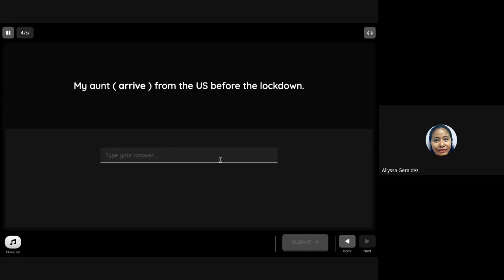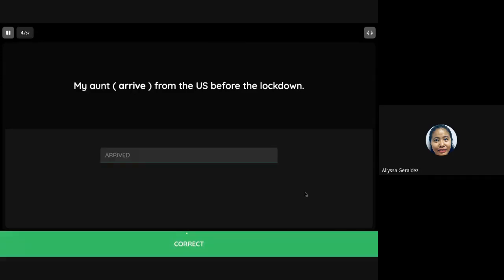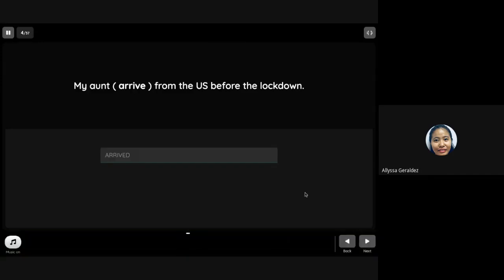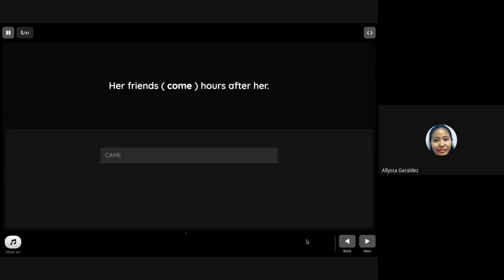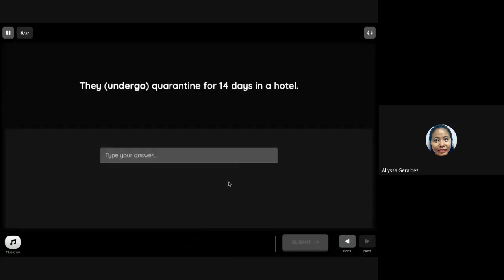My aunt arrived from the US before the lockdown. Wow, you've got it right. Her friends came hours after her. They undergo quarantine for 14 days in a hotel.